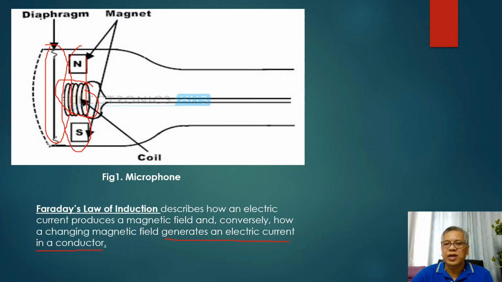Okay, so that's how a microphone as a transducer converts a sound wave into electric current.